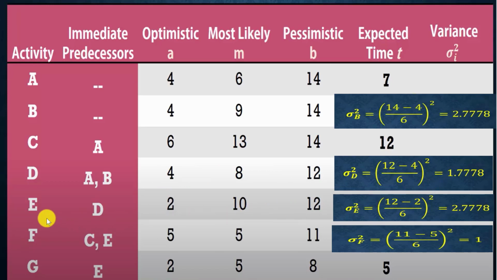For activity E, 12 minus 2 divided by 6, squared, equals 2.7778. Last one, variance for F equals 11 minus 5 divided by 6, squared, which equals 1.